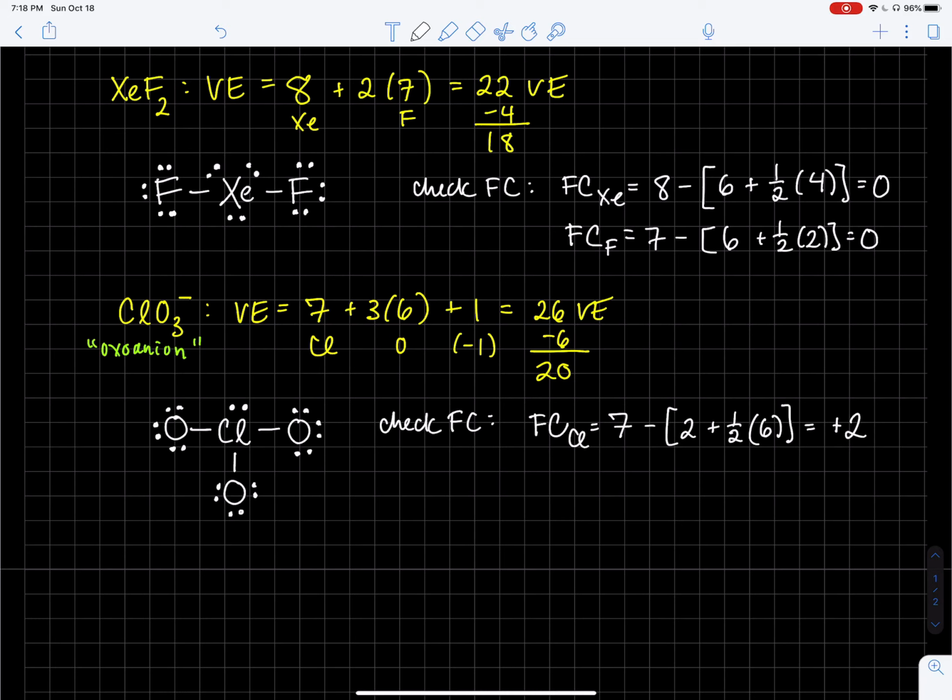Oxygen, each oxygen in this structure is the same, just has 6 valence electrons. Each oxygen has 6 electrons in lone pairs, plus each oxygen gets half of its bonding pair, so each oxygen here is -1. So if I'm going to complete this structure, I have to show all my formal charges.